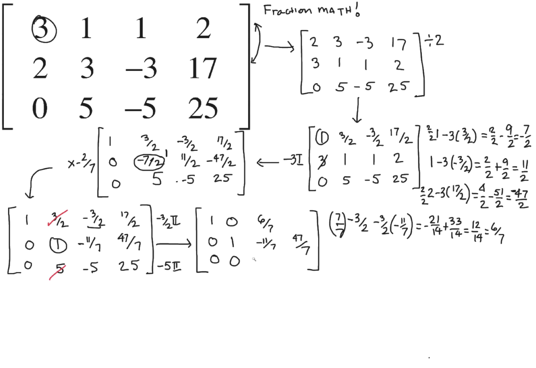Okay. Then we say this next one. So this is 17 over 2 minus 3 halves times row 2, which is 47 over 7.